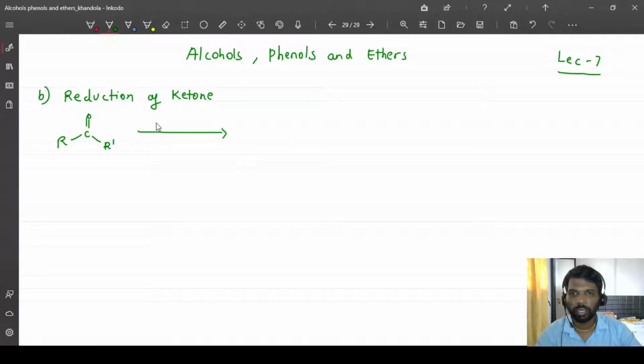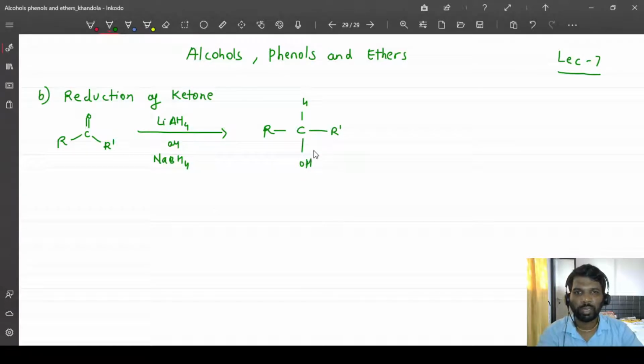I will use a reducing agent like lithium aluminum hydride, or I can use sodium borohydride, and this will reduce to R, C. Oxygen will be there, but it will be at the hydroxyl end. I am adding these two hydrogens, and this will be R dash, a hydrogen, and here it is OH.